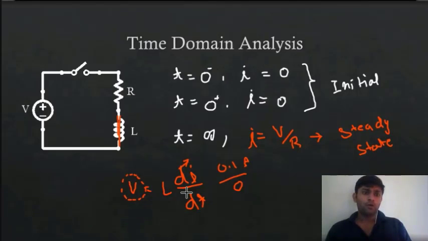Infinite reactance, yes, it can be a type of infinite resistance. That's why it will become an open circuit at the initial condition. That's correct. Hope you all got this point.